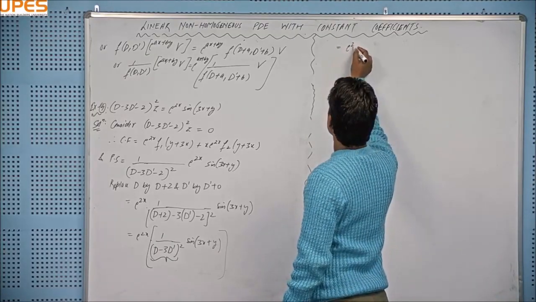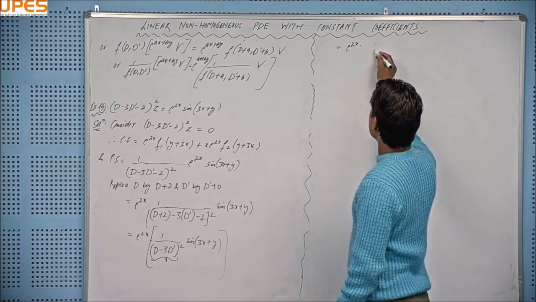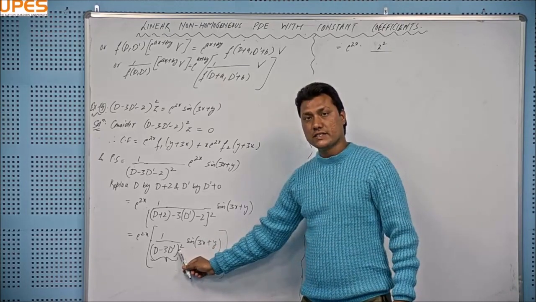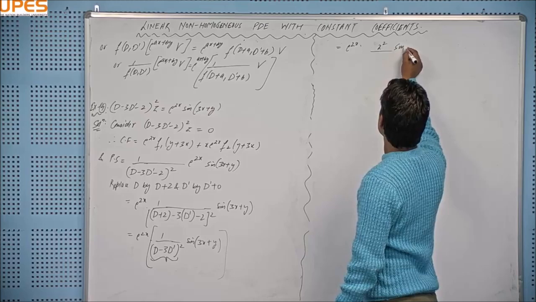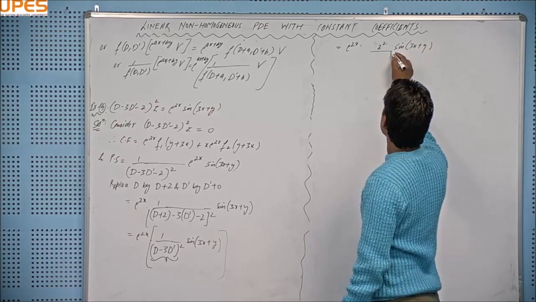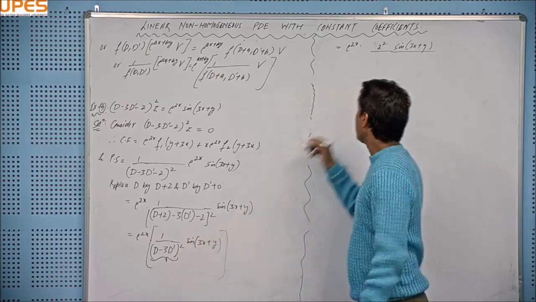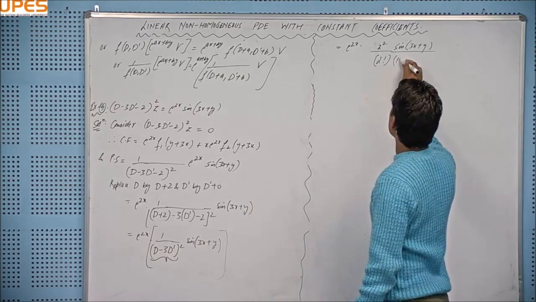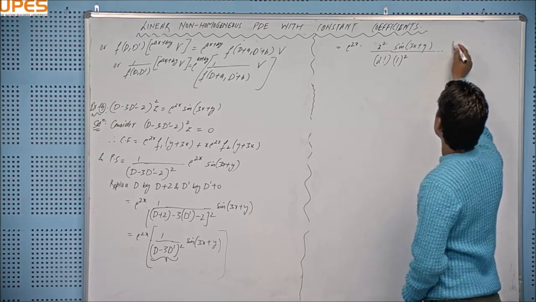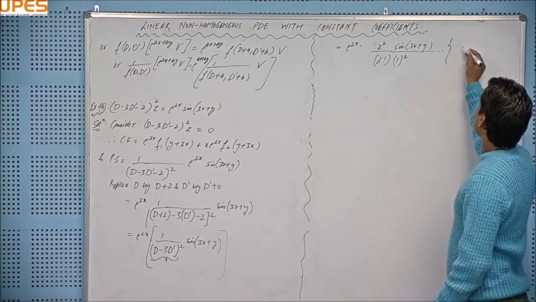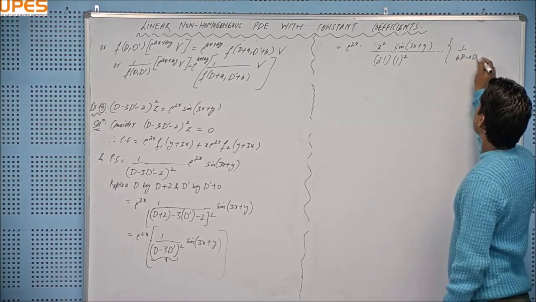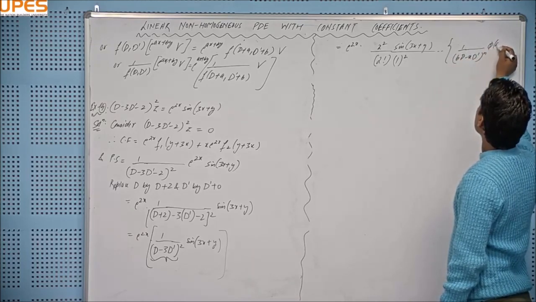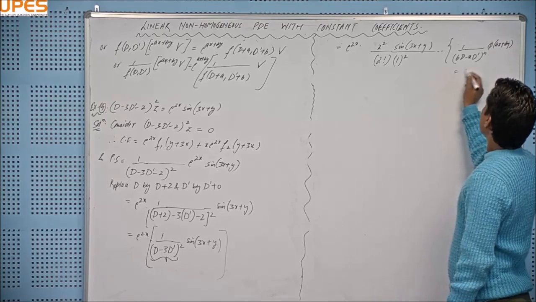That formula was 1 upon (bD - aD') whole to the power n, and here we had phi(ax + by).